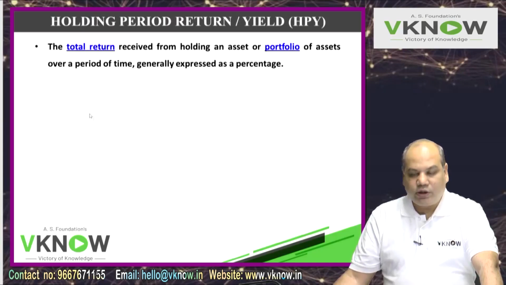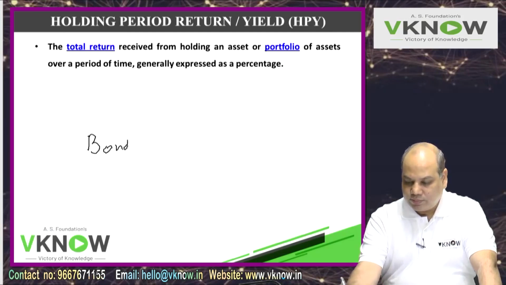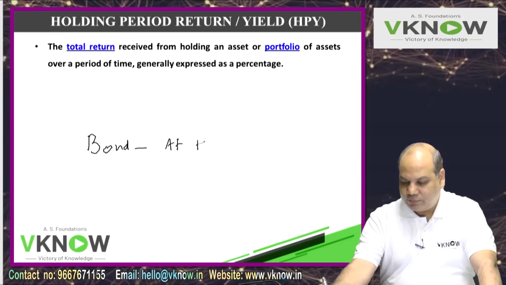So one by one we'll take holding period return or holding period yield. In short, we will call it HPY, holding period yield. Now this is very easy. Let us say you purchased a bond at the beginning of the year.